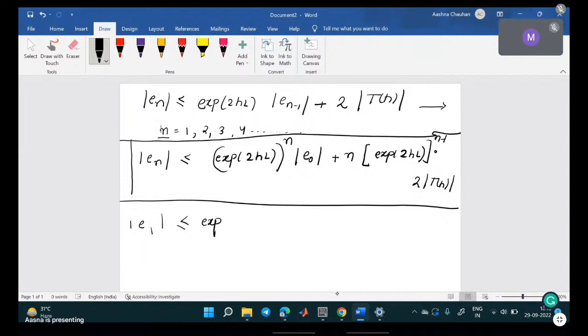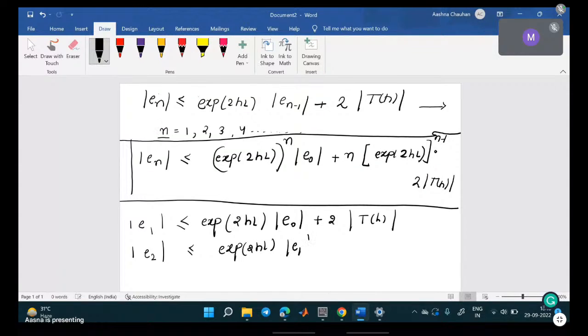If I put n equals to 1, then mod E1 is less than or equal to exponential of 2hl mod E naught plus twice of th. If I put n equals to 2, then E2 is less than or equal to exponential of 2hl mod E1 plus twice of mod of th.